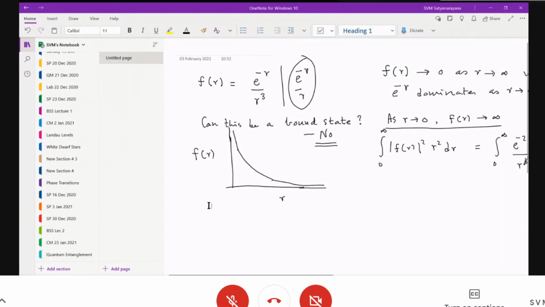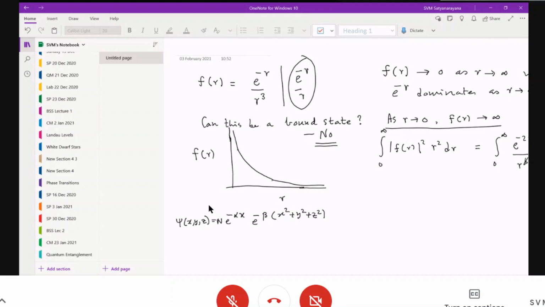Yes, this is the correct answer for the bound state. Can you explain how this is coming, sir?